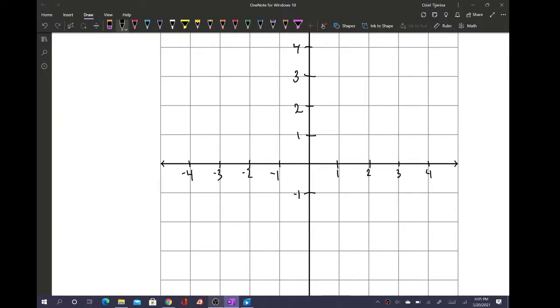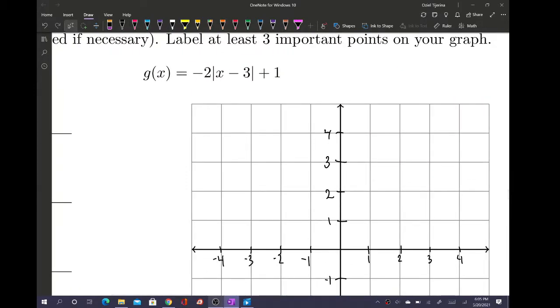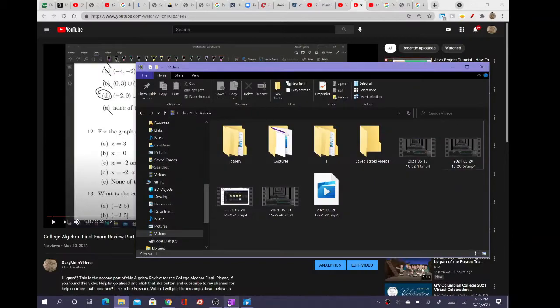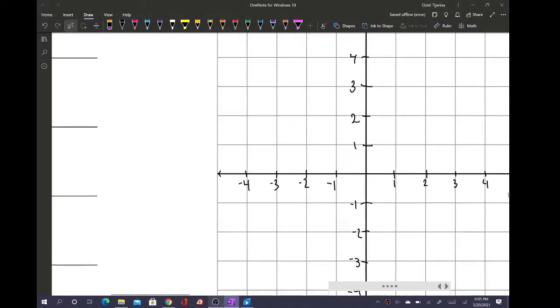Same for this part, negative 1, negative 2, negative 3, negative 4. So, to graph this one, and let's see how much time we have left. Okay, so we have a few more minutes left.